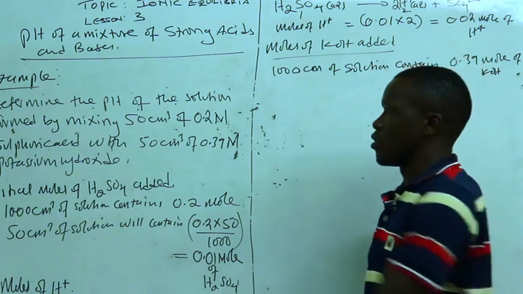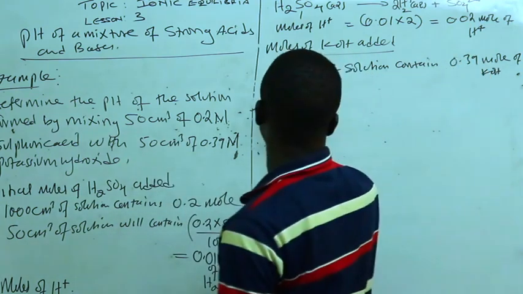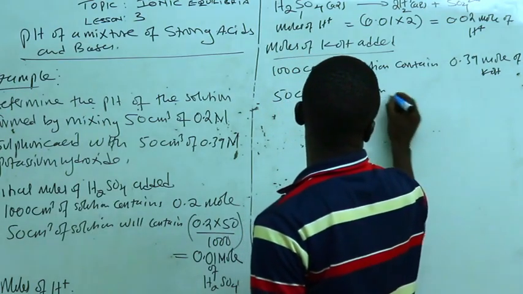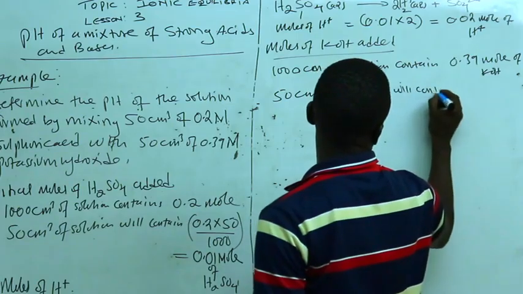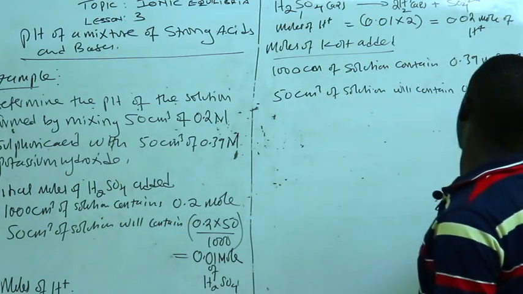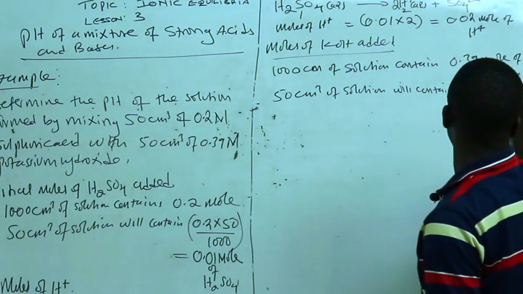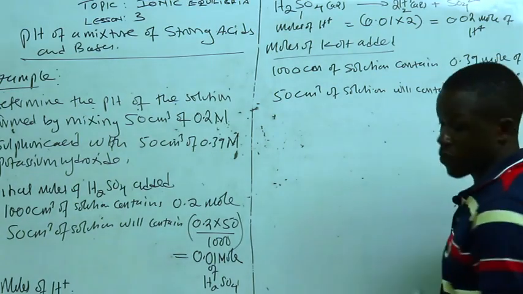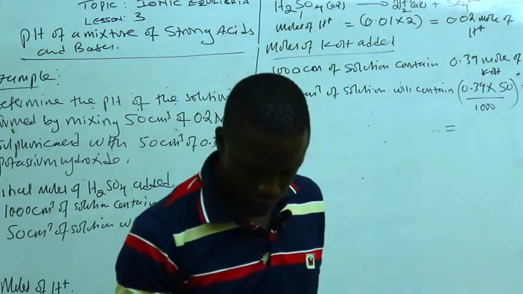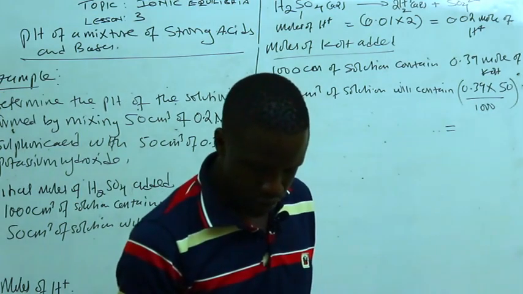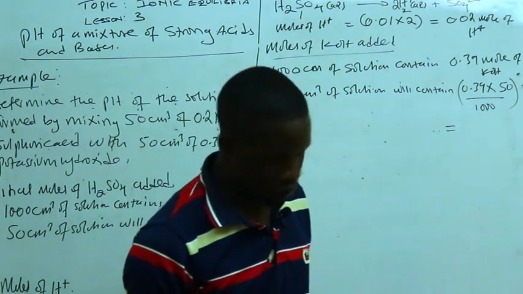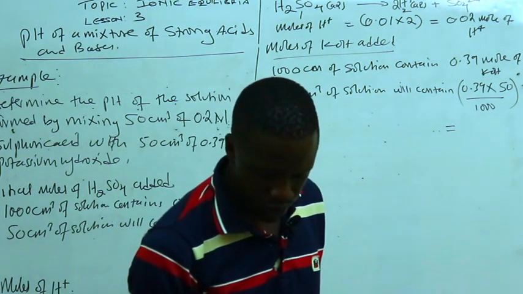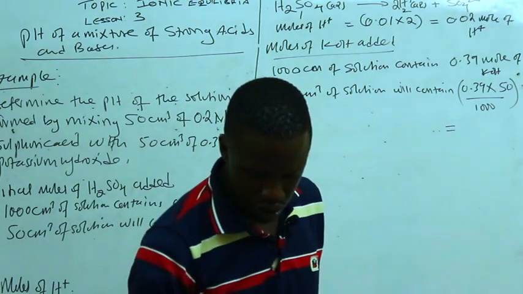Now what about the 50? 50 cubic centimeters of solution will contain 0.39 times 50 divided by 1,000. This will give us 0.0195.